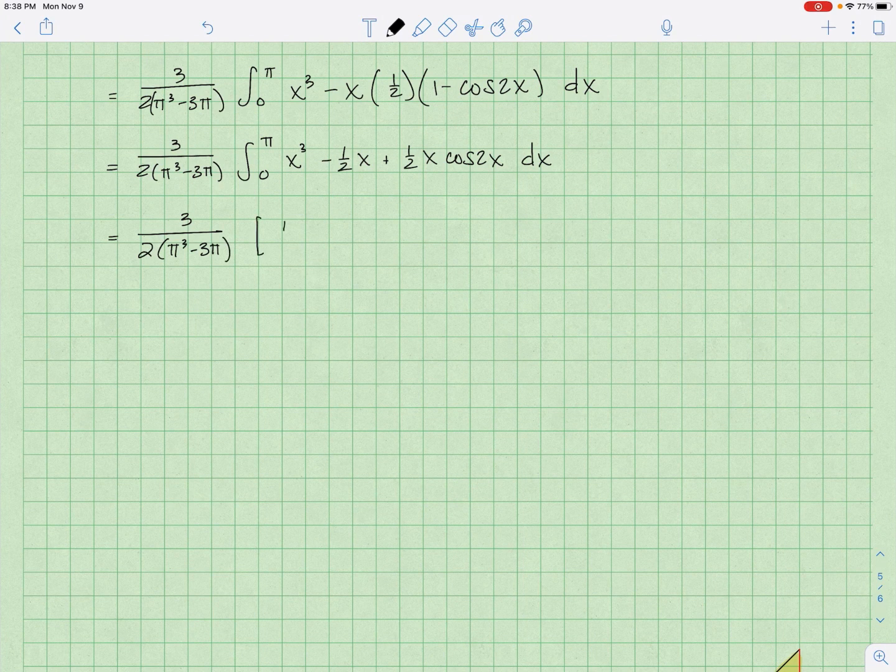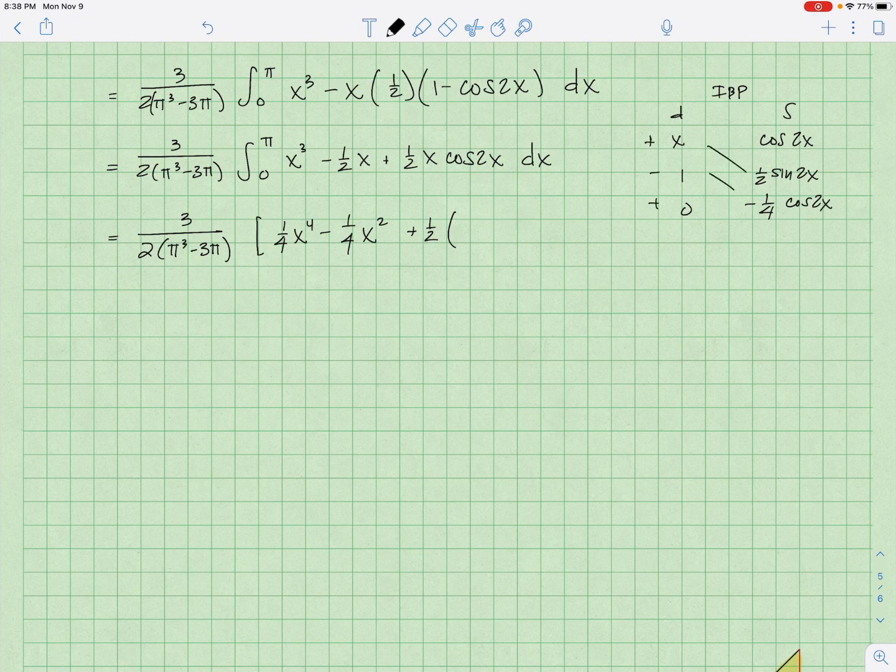The antiderivative here is 1/4 x to the 4th minus 1/4 x squared plus 1/2 the antiderivative of x cosine 2x, which we can also use integration by parts tabular form on. We'll differentiate and integrate. This will be 1, this will be 0. This will be 1/2 sine 2x, and this will be negative 1/4 cosine 2x, plus minus plus.